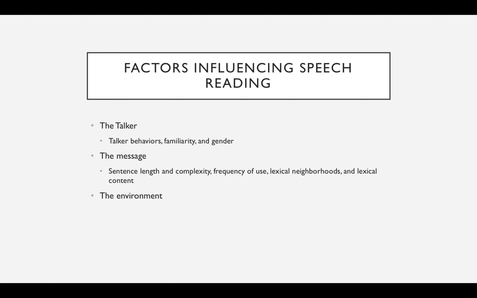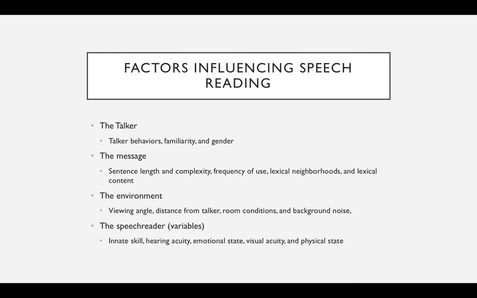The environment: the angle you are viewing the person from, if it's straight on or to the side, the distance you are from the talker, room conditions such as lighting and background noise, and what's going on in the environment. And then lastly, the speech reader variables are their innate skills, their hearing acuity, emotional state, visual acuity, and physical state. All of those will be impacting them as well.